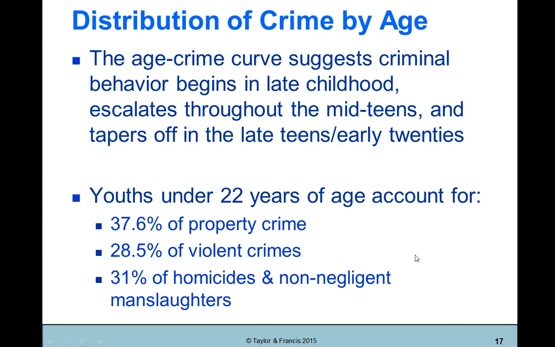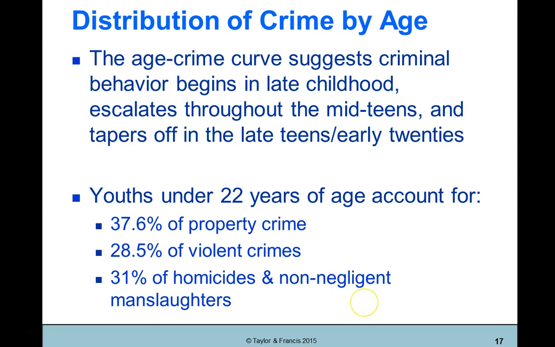We've talked a lot about this in other classes, and we will in here, that youths usually account for a high percentage of crime, but not as high as what the media usually portrays. And I have found through all my research that as children get older, they usually age out of crime.